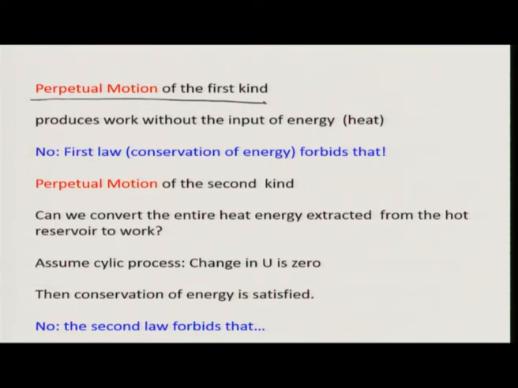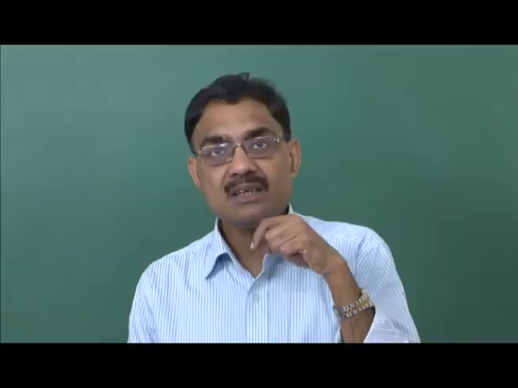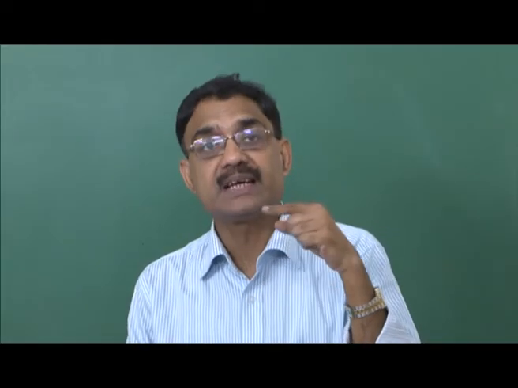Can I have a machine which produces work without the input of energy? I will not provide any heat energy, but still I will keep on extracting work from the machine, and it will be a perpetual motion in a closed loop.